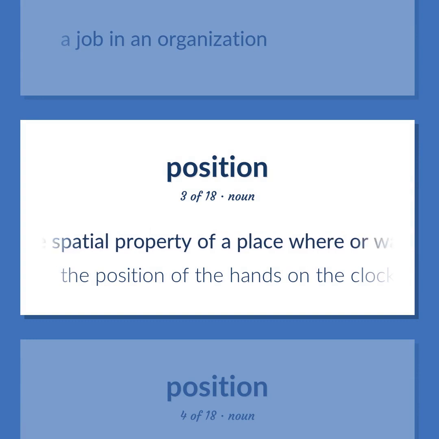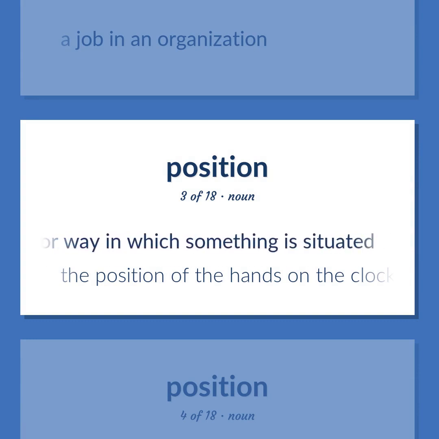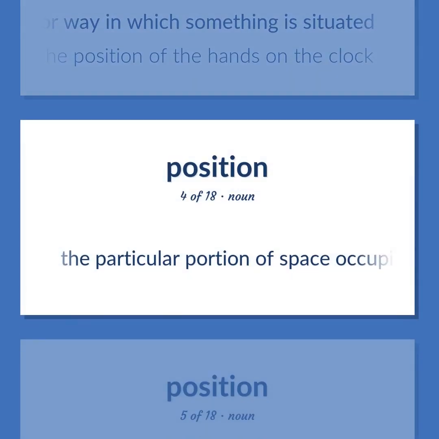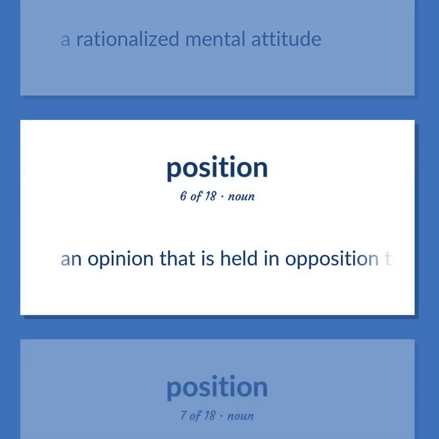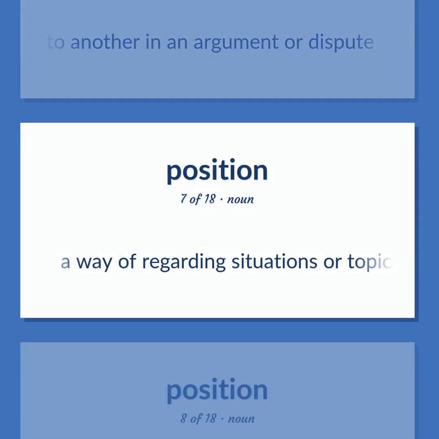The spatial property of a place where or way in which something is situated. The position of the hands on the clock. The particular portion of space occupied by something. A rationalized mental attitude. An opinion that is held in opposition to another in an argument or dispute.